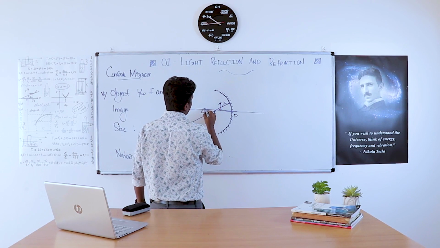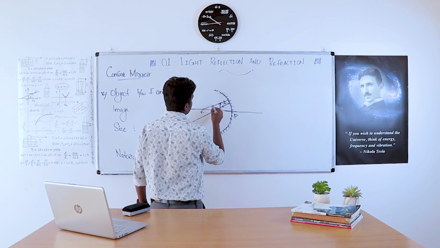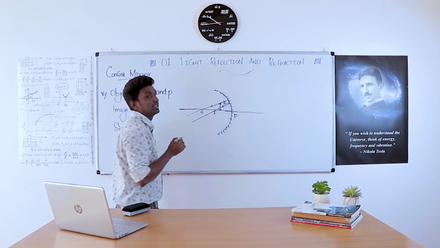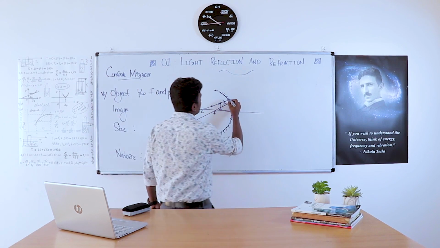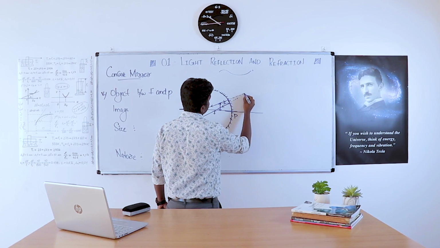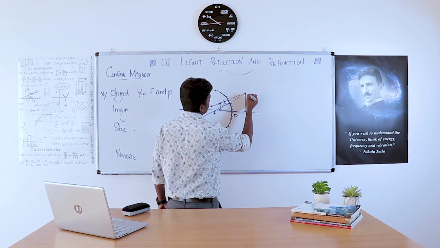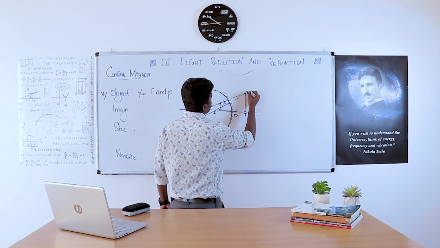Next one, a ray of light passing through center of curvature after reflection retraces the same path. When both these lines are extended backwards, they meet here. So here is the image formed.